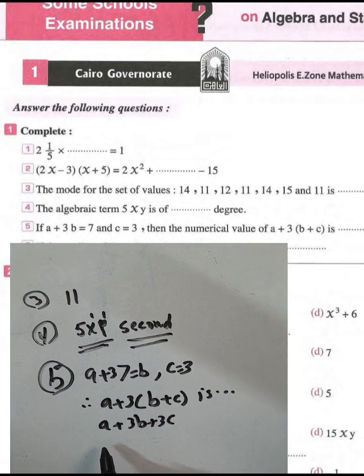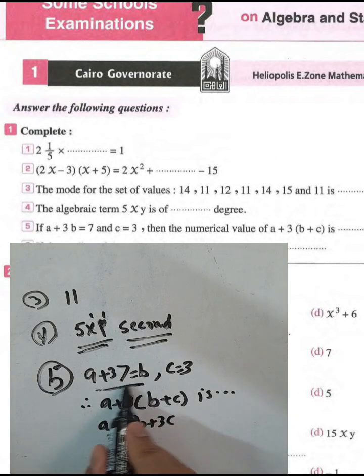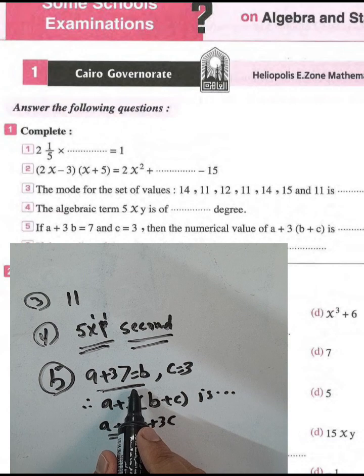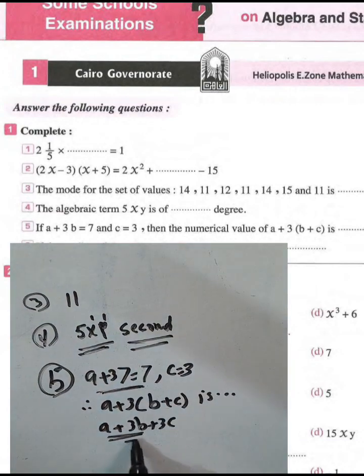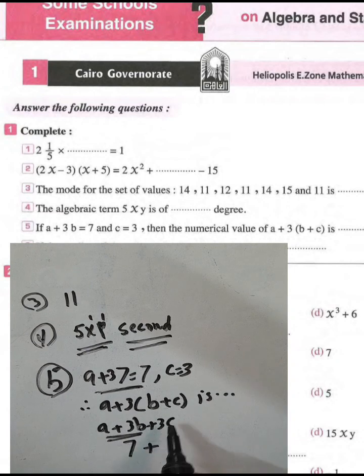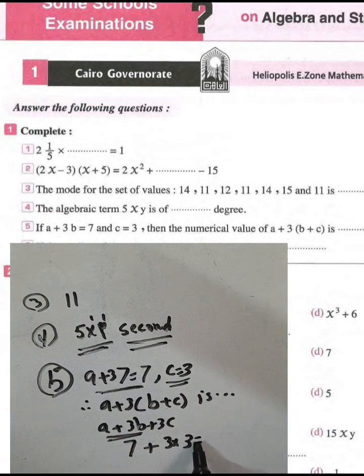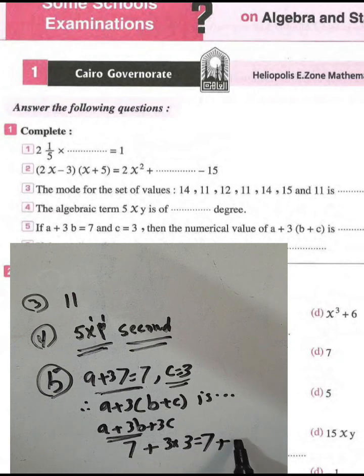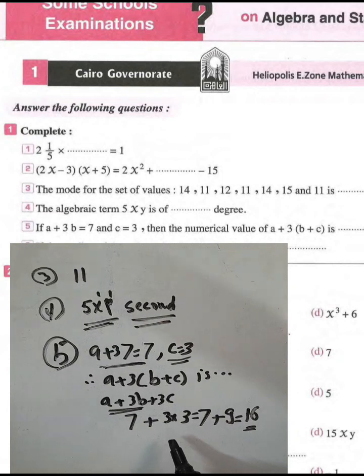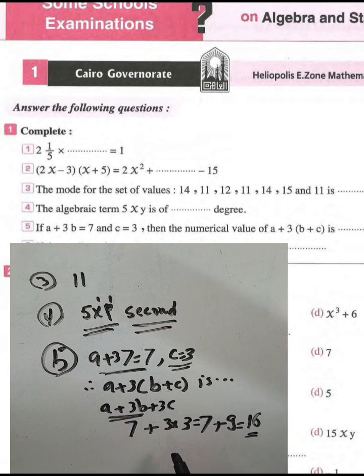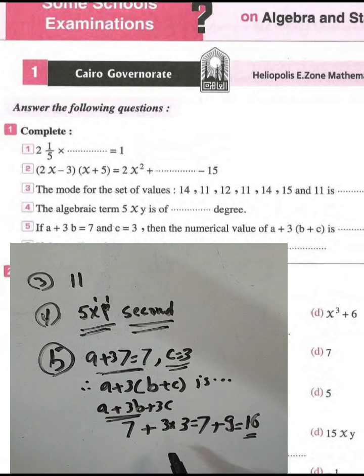Then a plus 3b was equal to 7. Then 7 plus 3 times c, the constant here, 3, then 7 plus 3 times 3, 9. 7 plus 9 will be equal to 16. The result here will be equal to 16.